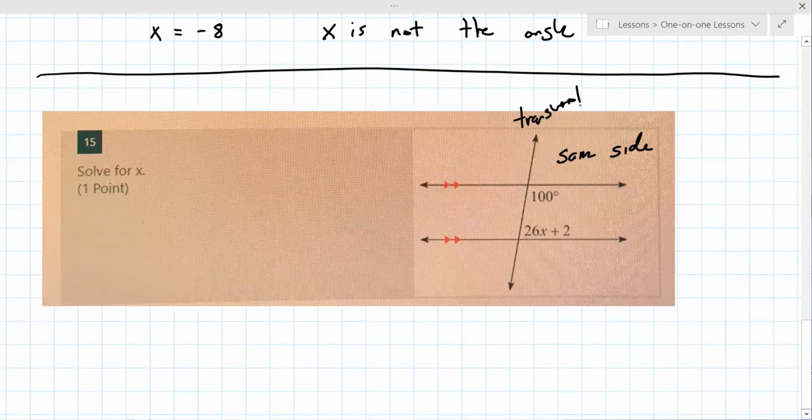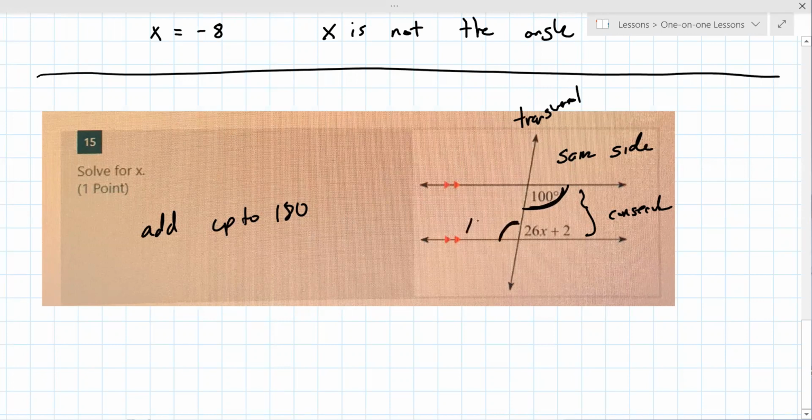So they are what are called consecutive. Consecutive angles always add up to 180. If you don't like that explanation, 100 is equal to this angle down here, which is 100 degrees. And because 100 degrees and this 26x plus 2 are on the same line, they must add up to 180.